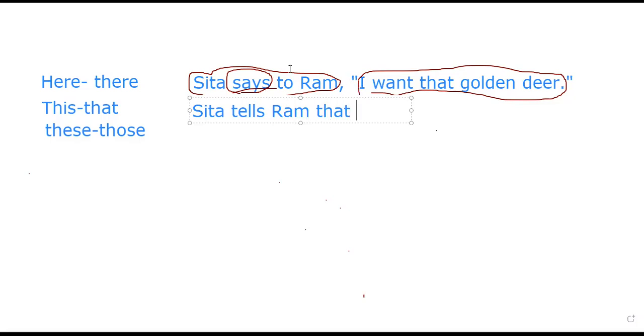First person will change according to subject. Subject is Sita. So it will be she. That she wants that golden deer. If she says, I want this golden deer, then also this will change into that. Okay.